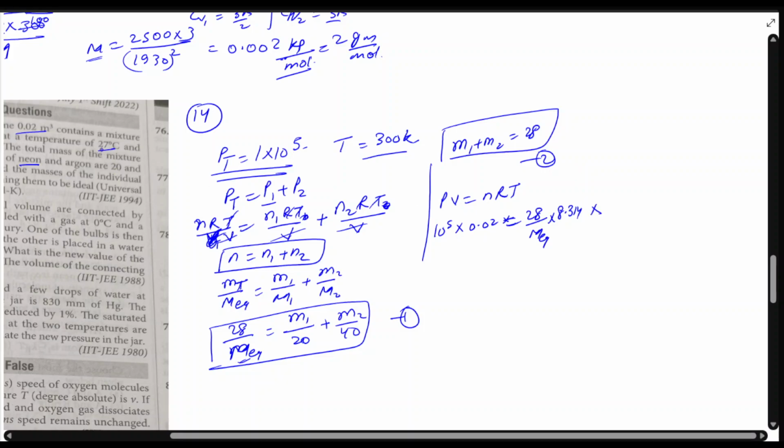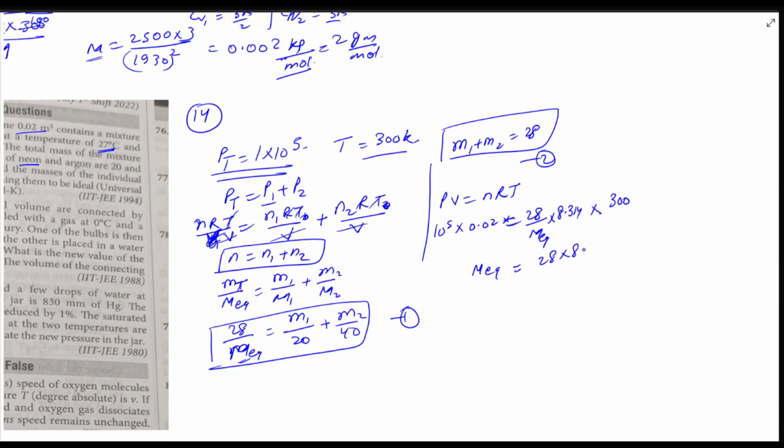Temperature 27 degrees Celsius, so it will be 300 Kelvin. So we'll get M equivalent from here: 28 into 8.314 into 300 divided by 10 raised to the power 5 into 0.02. I'll use the calculator really fast.